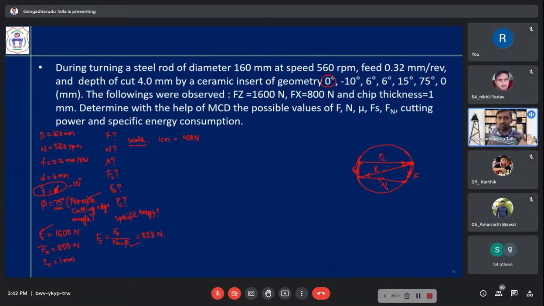Suppose if you are getting 1.5 centimeter, it will be 600 Newton, something like that. From the diagram, anybody? Tell me the values for F, N, and of course F by N is mu.